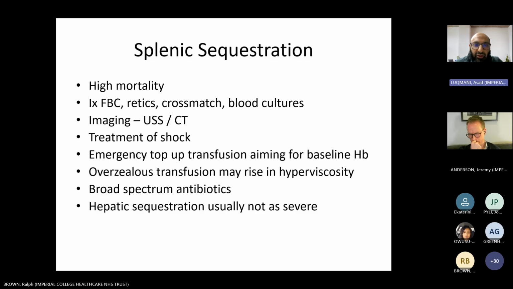They would generally be treated with a top-up transfusion. However, it's important not to over-transfuse these patients, because when the sequestration reverses and the blood re-enters the circulation from the spleen, if the patient has been overtransfused, then the hemoglobin may rise significantly above their baseline, putting them at risk of hyperviscosity and neurological complications.